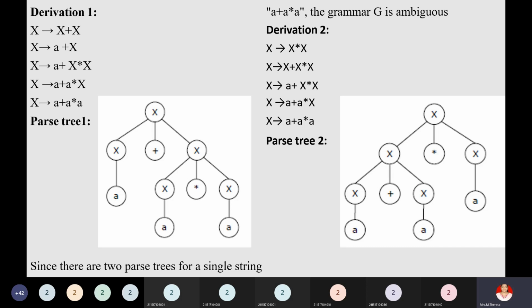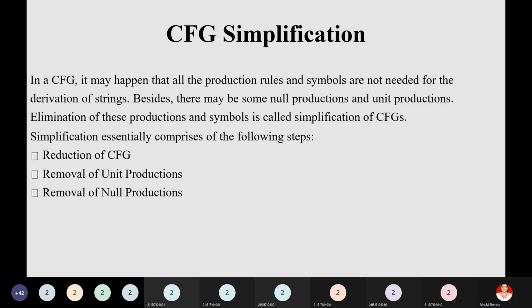It's not at all a mirror image, isn't it? So if there exist two different parse trees for a grammar, then we can conclude the grammar is ambiguous. So this grammar, x tends to x plus x, x star x, or a, is an ambiguous grammar because there exist two different parse trees.